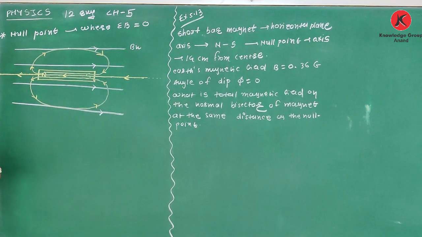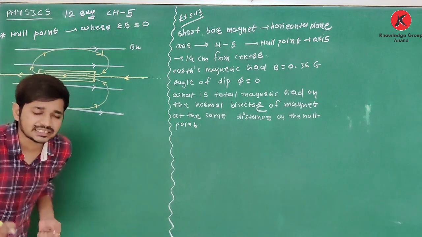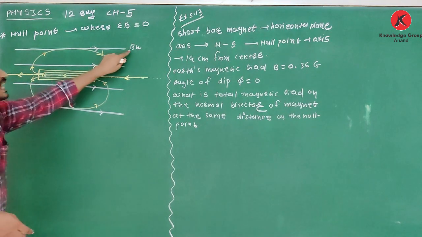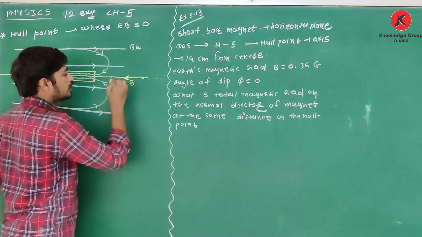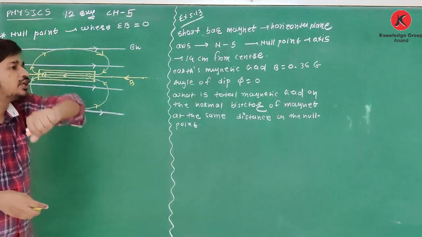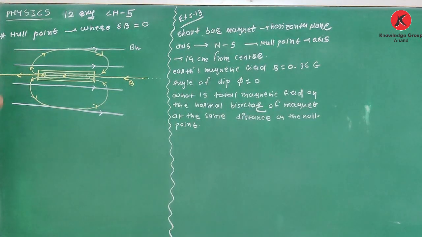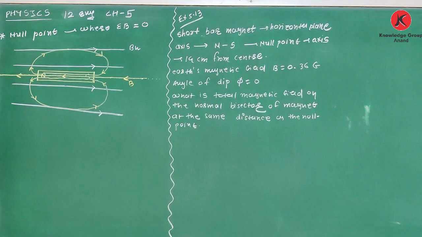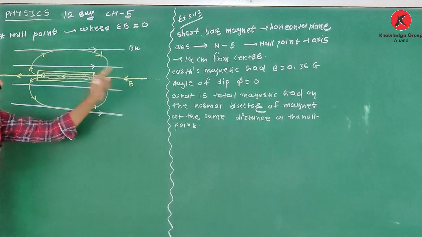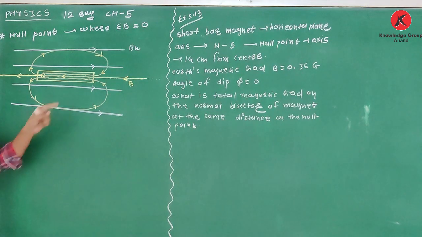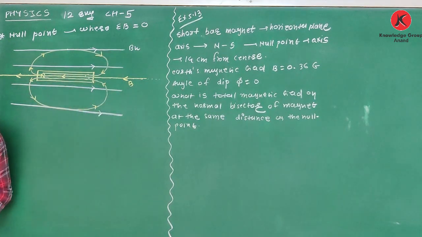So for each and every point on the axis of the magnet, this BH and B are in opposite direction.